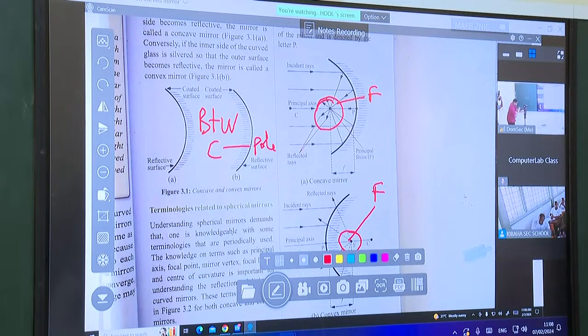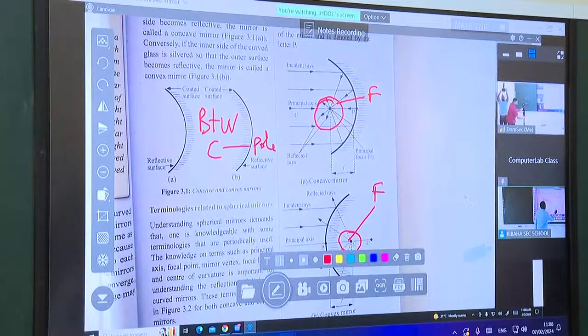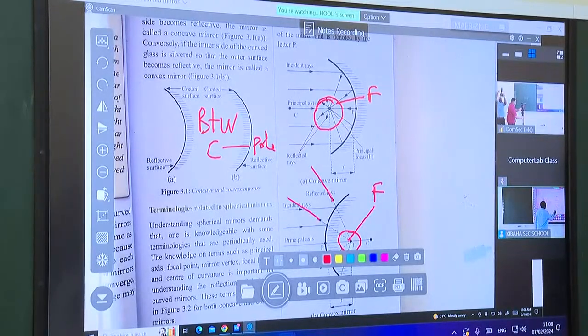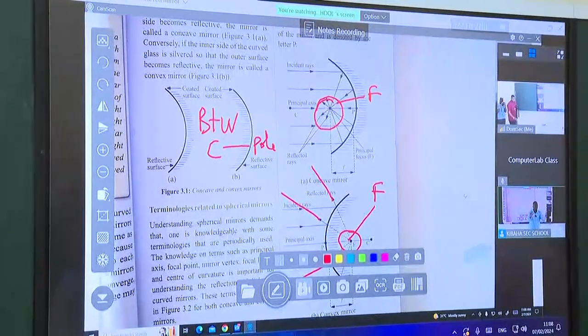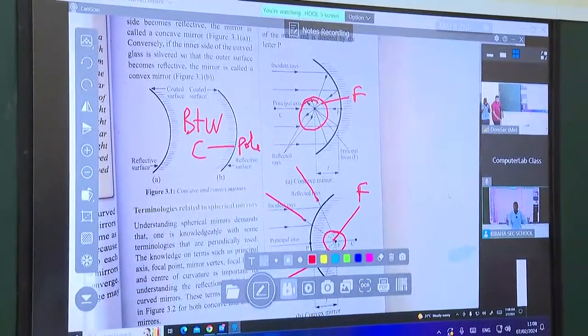Okay. He's saying that it's a point whereby all the reflected rays meet. My question is, in B here, the reflected rays are going outside. Do they meet at the focal point? Do they meet at the focal point? Anyway, you can modify all your definitions together to get the right definition.